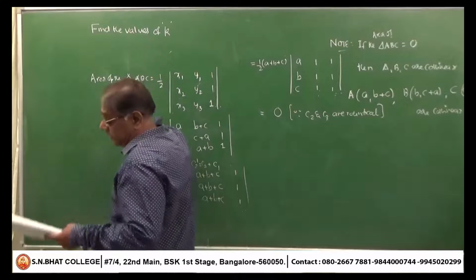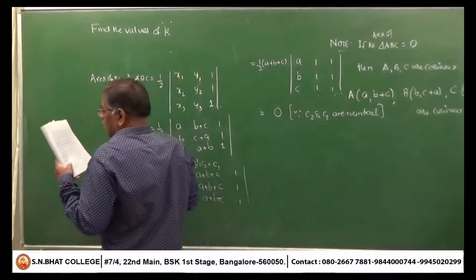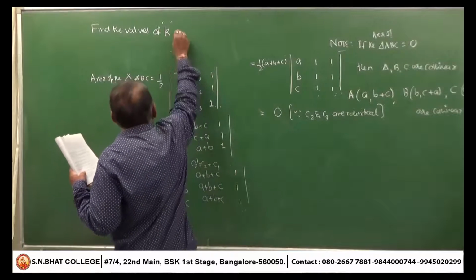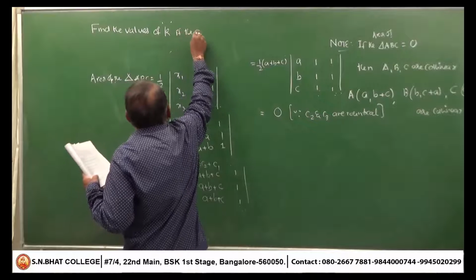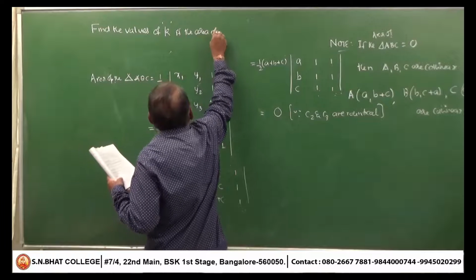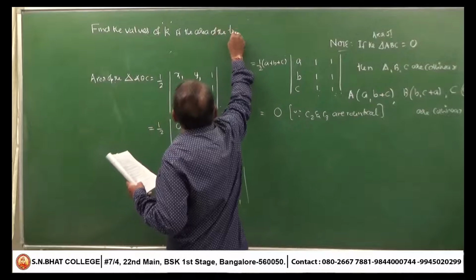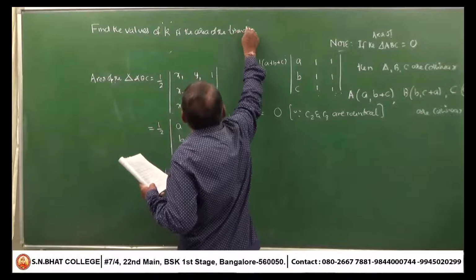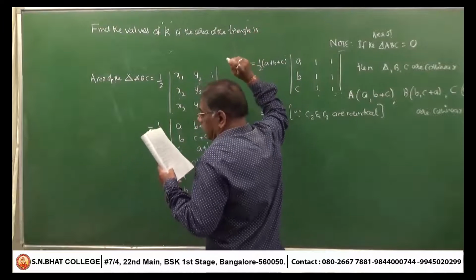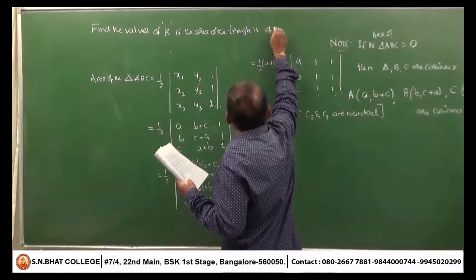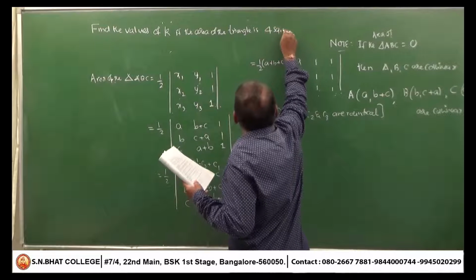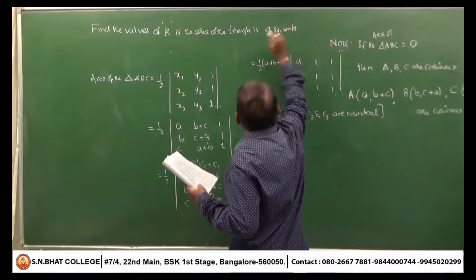Find the values of k if the area of the triangle is 4 square units.